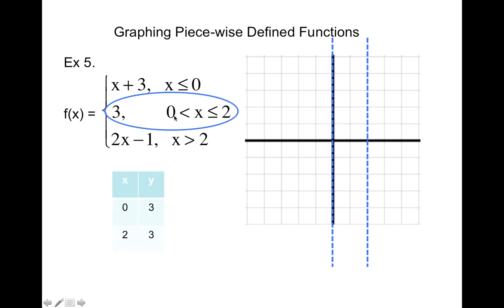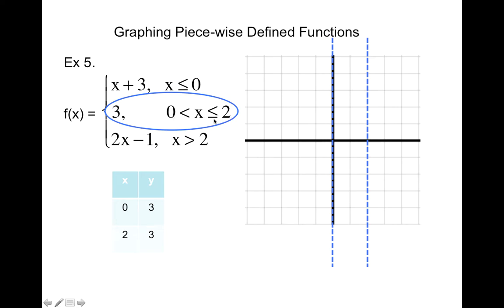I then create a table. I'm going to use the two numbers that they gave me, 0 and 2, and then I know my output is always going to be 3. This is the only tricky part of graphing this section. 0, 3 came from the inequality. However, it is an open circle, not a closed circle, because x is not allowed technically to be 0.